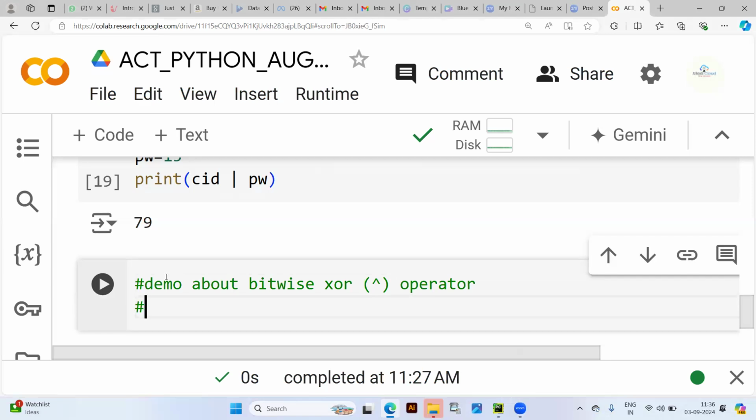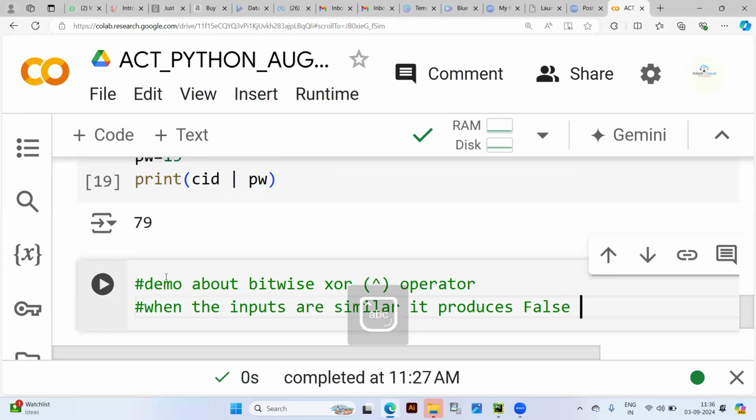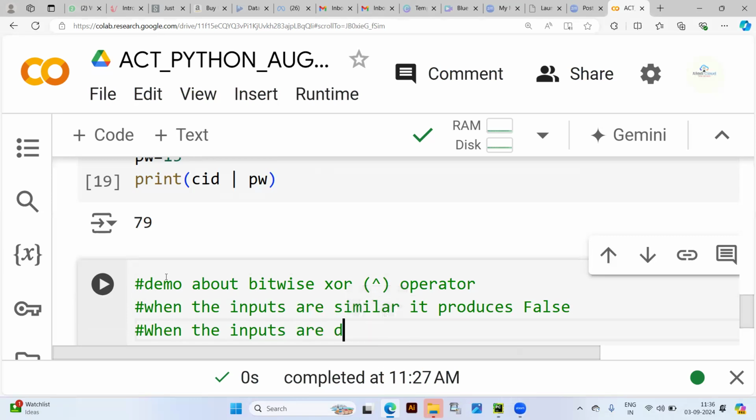The purpose of this operator is to perform bitwise operation only. But the logic followed by the exclusive operator is that when the inputs are similar, it produces false as an output. When the inputs are dissimilar, meaning different, then it produces true as an output.